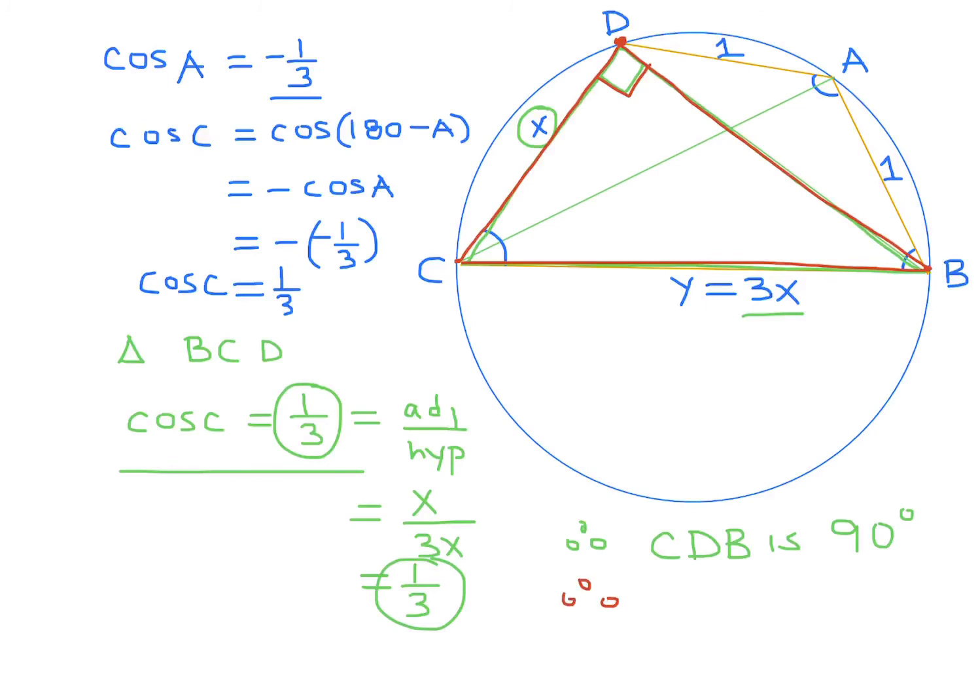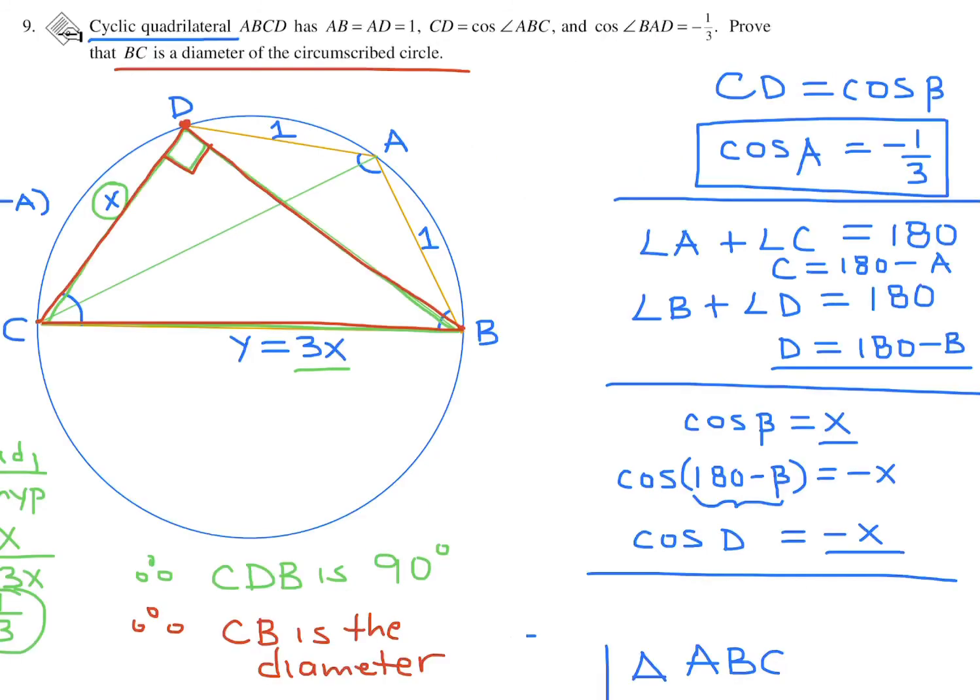So therefore, since that angle is 90 degrees, CB is the diameter of the circle. And that is what they were asking us to prove in this question: prove that BC, or CB, same thing, is the diameter of the circumscribed circle.